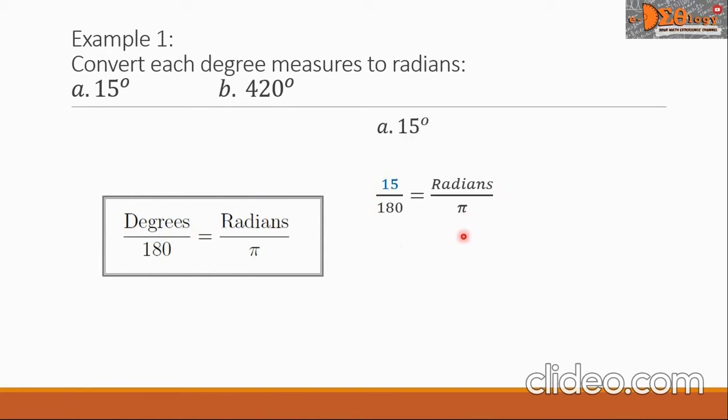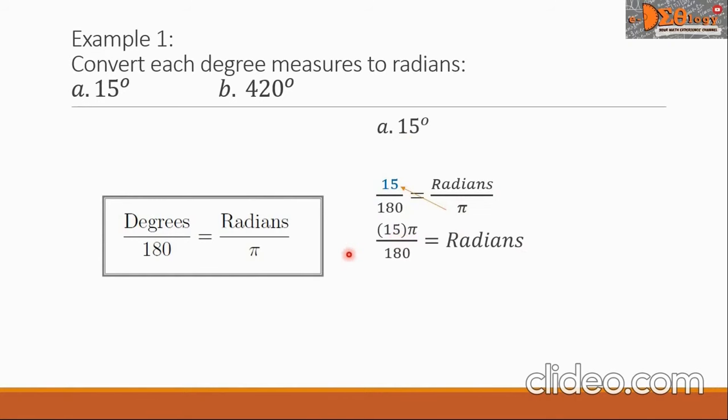And then we will simplify from here. We will cross multiply this pi on the left side. So this will be multiplied to 15. We have now here 15 pi over 180 equals the radians, which will be alone on the right side.